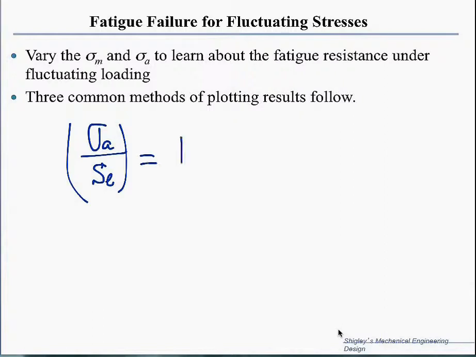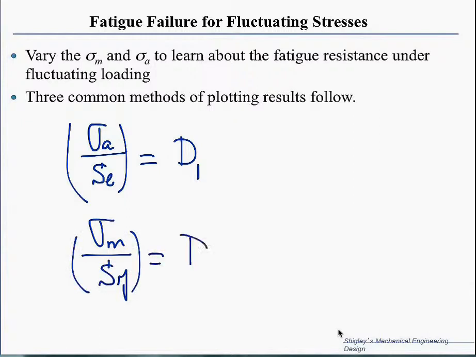So let's call this D1. And then if we have a mean component of the stress, sigma mean, and we ratio this to the yield strength of the material, then we would consider this as a fraction indicating how close we are to yielding.